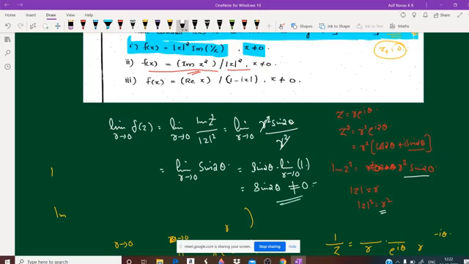So this is not equal to f of 0. Therefore, f of z is not continuous at z equal to 0.